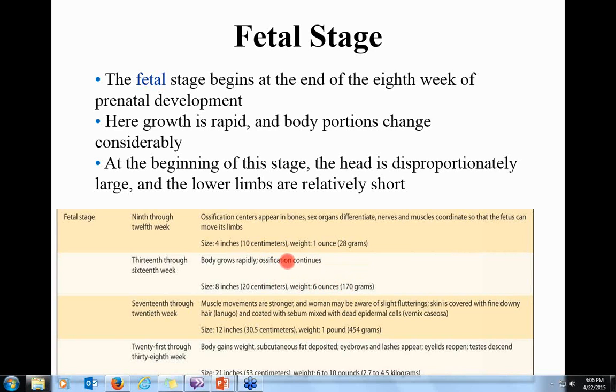Notice ossification continues. Through the 17th through the 20th week, we get muscle movement and the mother starts to feel the fluttering. And we go up to 1 pound, and the size is 12 inches. And then the 21st through the 38th week, we could get up to 21 inches, maybe longer, and the baby grows anywhere to 6 to 10 pounds.